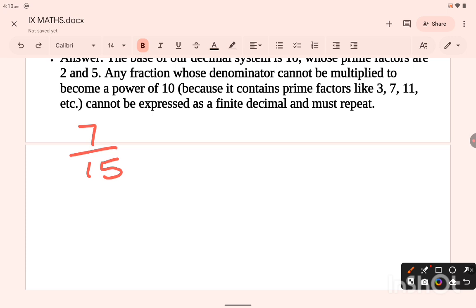Here 15 can be written as 3 into 5. Here 3 is present, other than 2 and 5. In this case, 15 cannot be expressed as a power of 10.